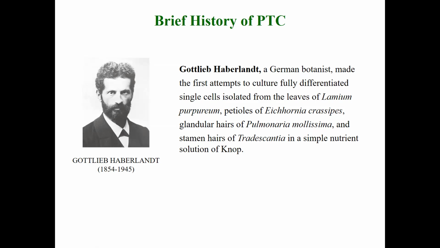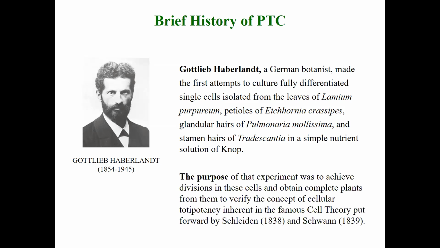That is, he made a nutrient solution and was able to culture the leaves, petioles, glandular hairs, and stamen hairs of some plants, and started the history of tissue culture.